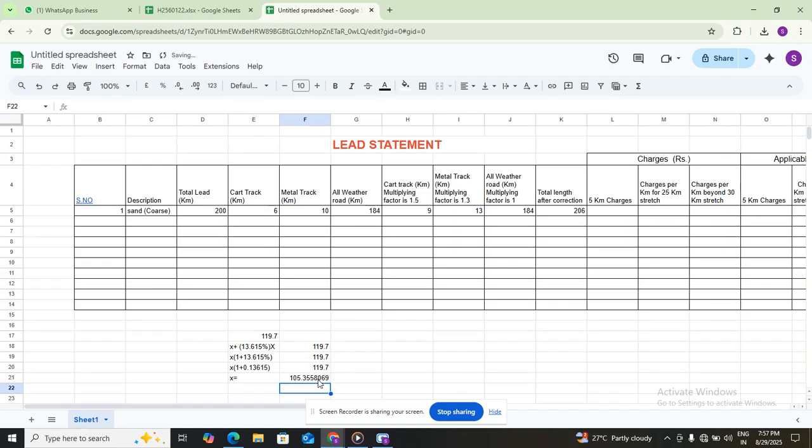105.3558 has to come. This is the actual cost of the transport up to 5 kilometers. Okay, 5 kilometers, not 1 kilometer. We need to reduce the distance.